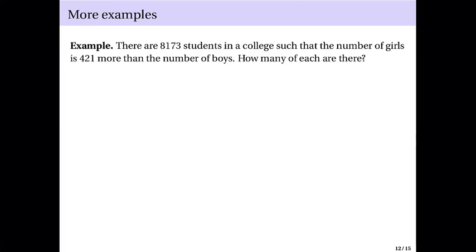there are 8,173 students in a college such that the number of girls is 421 more than the number of boys. How many of each are there? So let us start with the variables. Let's say we let G be the number of girls in the college.